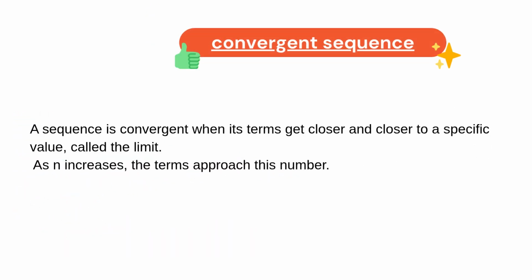Convergent sequences. A sequence is convergent when its terms get closer and closer to a specific value, called the limit. As n increases, the terms approach this number.